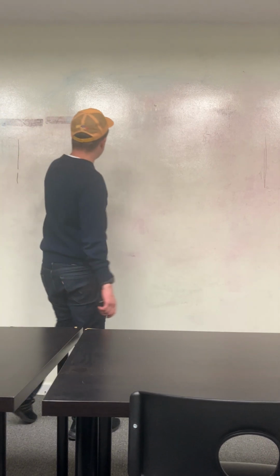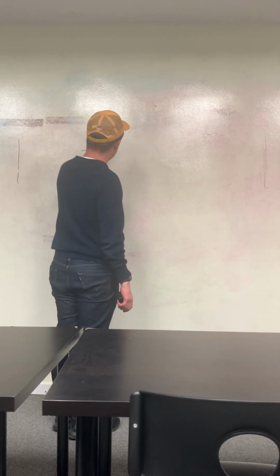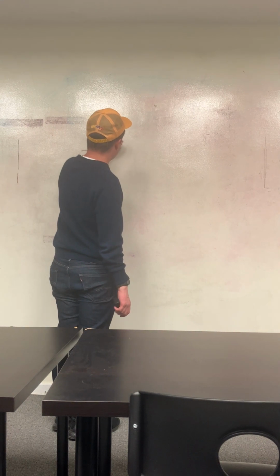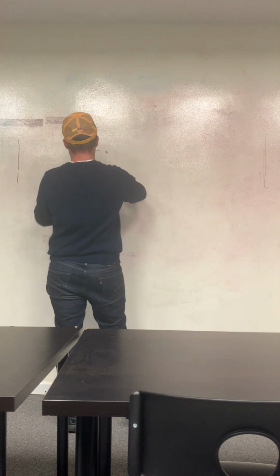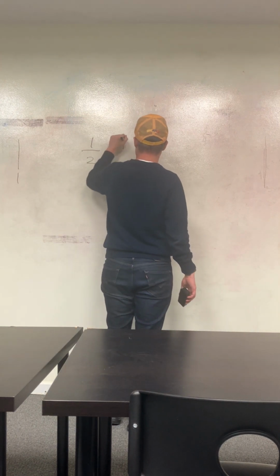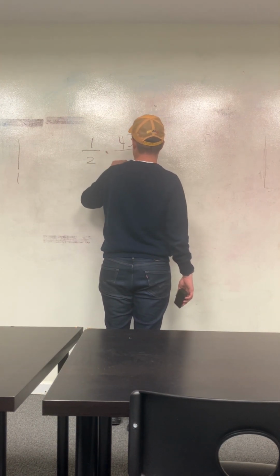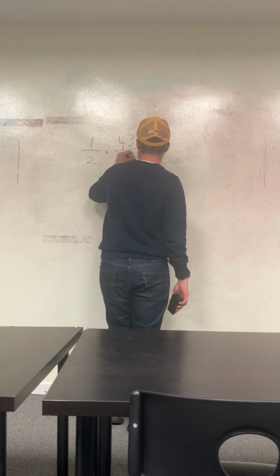Alright, so sometimes when we have fractions, we need them to have the same denominator, which is the number on the bottom. So, when we were multiplying fractions, we could do 1/2 times 43 over 75.